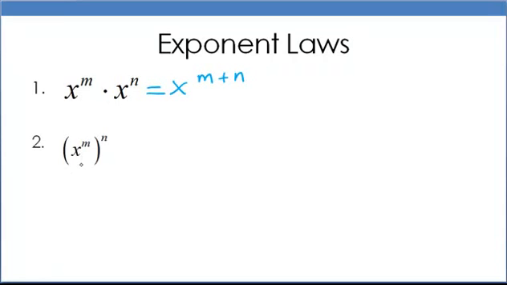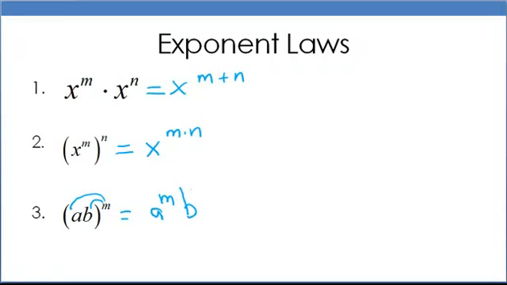Our next rule was a power raised to a power, and we will keep the base and multiply the exponents. Our third rule was if we have a product to a power, we take that outside exponent down to each piece of the product to give us a to the m, b to the m.